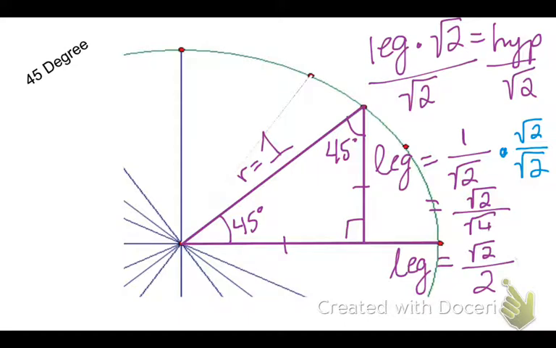The 2 in the numerator is inside a radical. The 2 in the denominator is outside of a radical. So they cannot cancel out. So each of my legs, my x value and my y value, are both square root of 2 over 2.